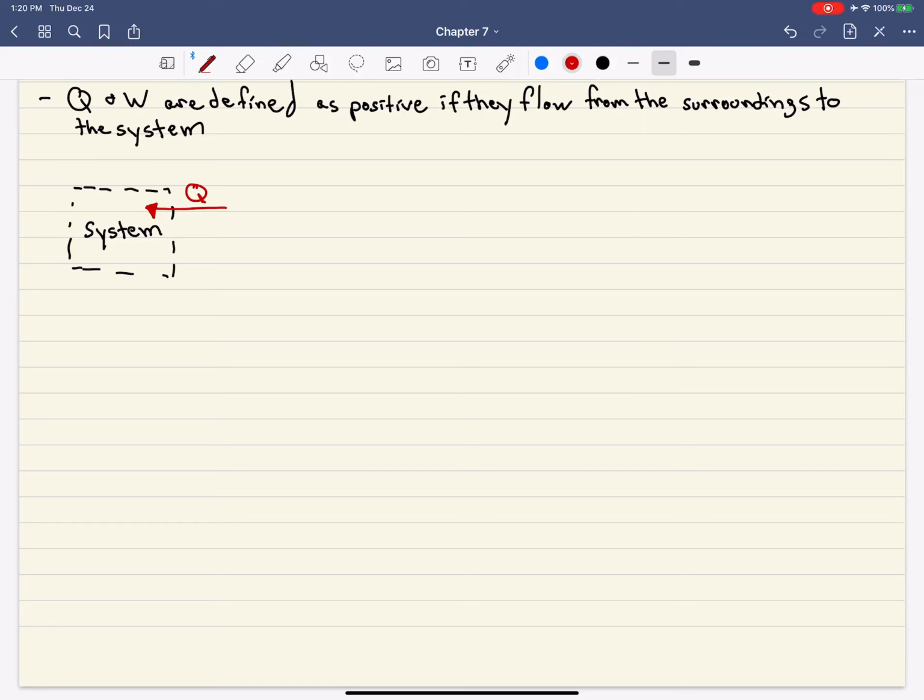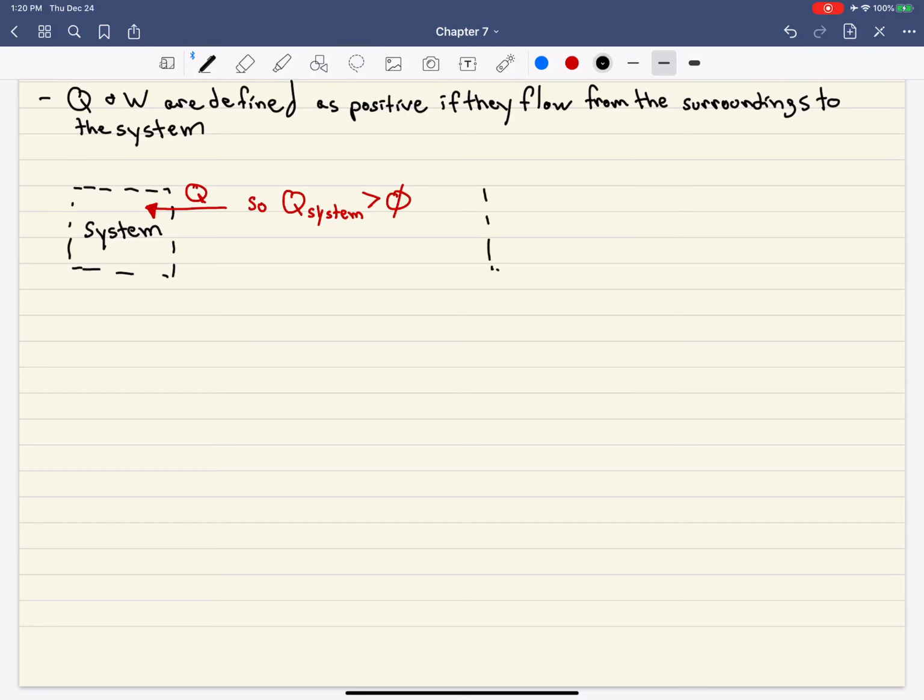All right? And so if this is the case, that means that when we define the heat in our system, it's going to be greater than 0. And so in this case, because heat is going from the surroundings to our system, our heat flow is positive.